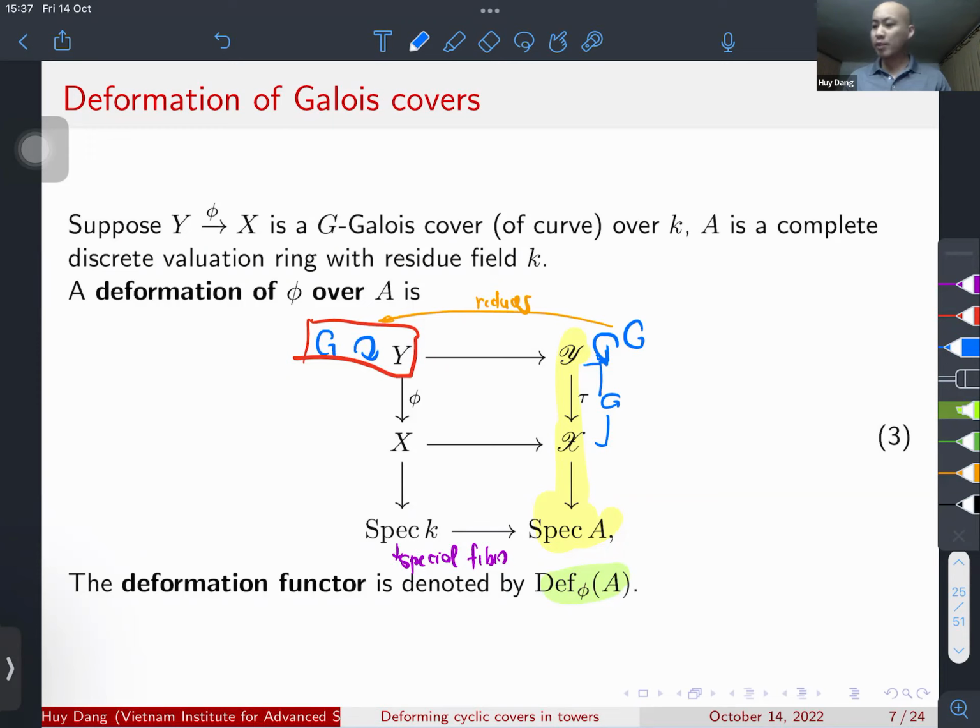Okay. Right. One of the upshots of deformation is, when you understand the deformation, you understand a flat family, any flat family containing phi. And one of the most famous applications of deformation, not deformation of G covering but in a different context, is for Fermat's Last Theorem, right?